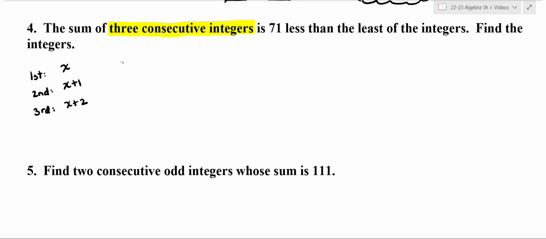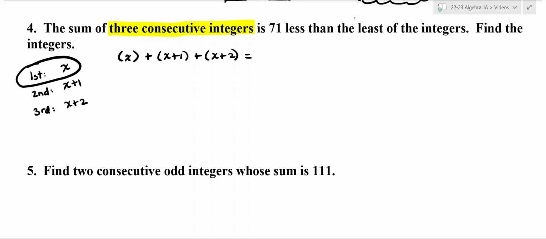The sum, so we're going to go ahead and add them. The sum of these is going to be 71 less than the least of the integers. So out of these three, which one is the smallest? The smallest is this one, x.